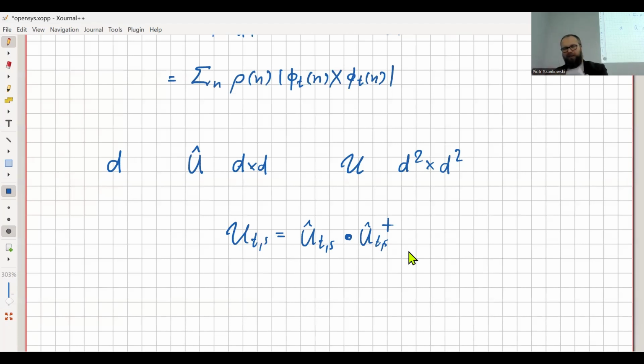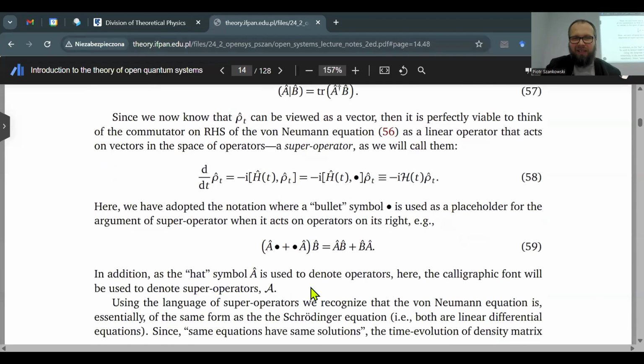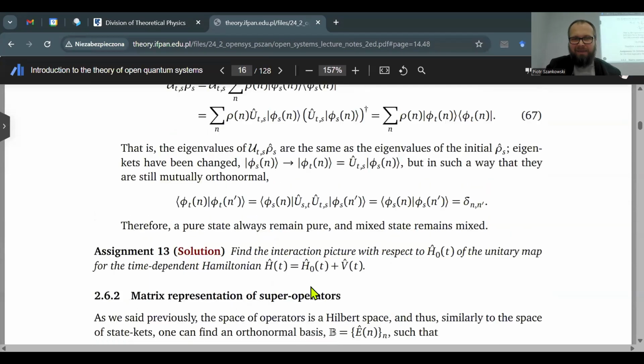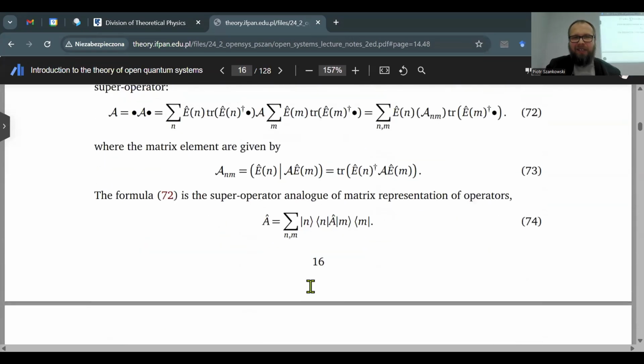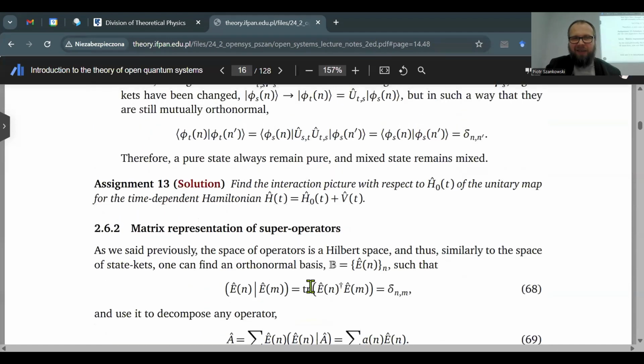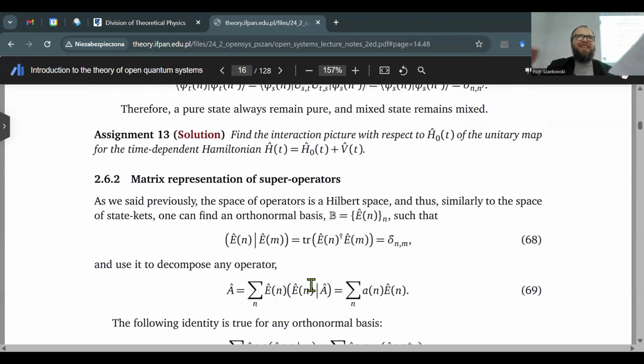And now we have to finish. So next week I wanted to talk about matrix representation for superoperators. Let me just flash it to you. I will talk about it in detail next week. So, operators are matrices. So you can write them as a table. Superoperators are also operators, also matrices. So there is a matrix representation for superoperators as well.